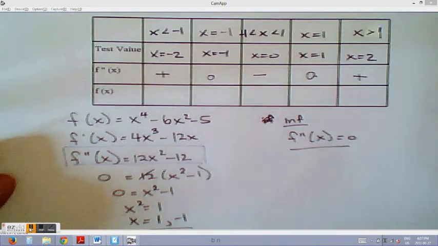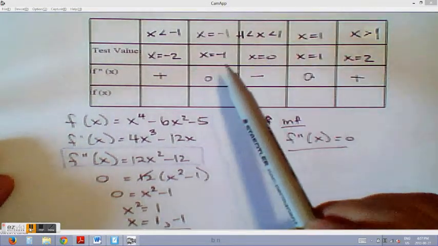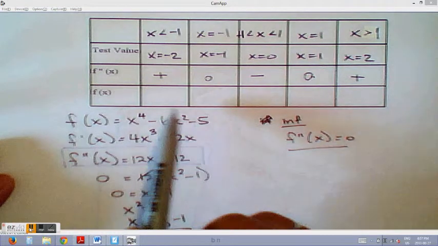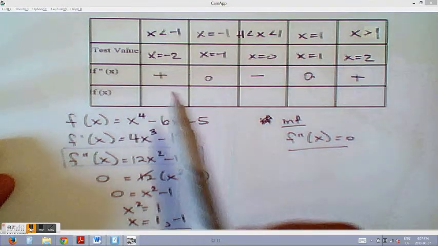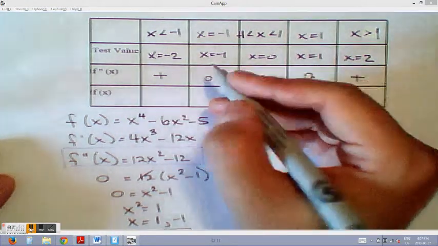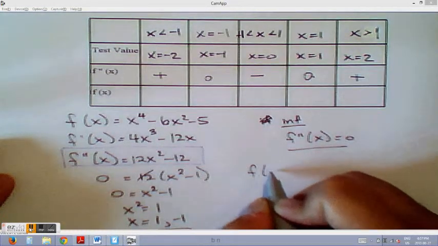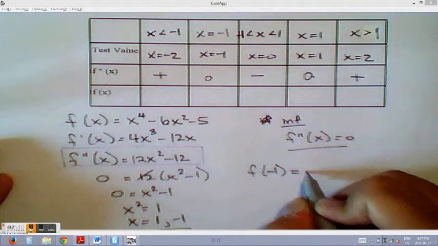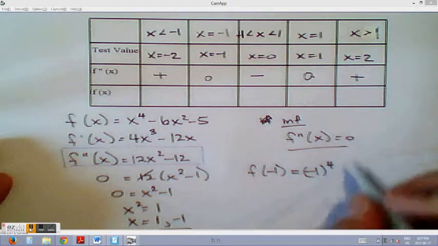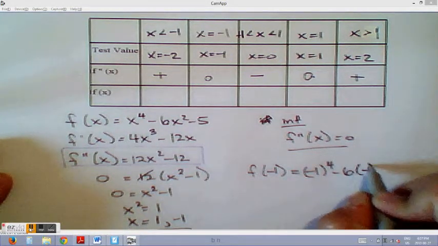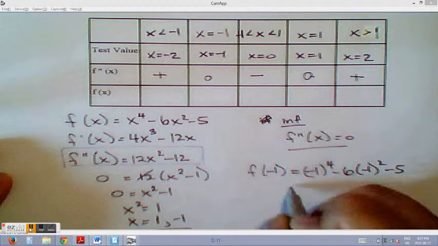Okay, we can even take these values, plug them back into our original, and actually find the points of inflection. So in doing so, I'll just do one of them, f of -1 is equal to (-1) to the exponent 4 minus 6 squared minus 5.